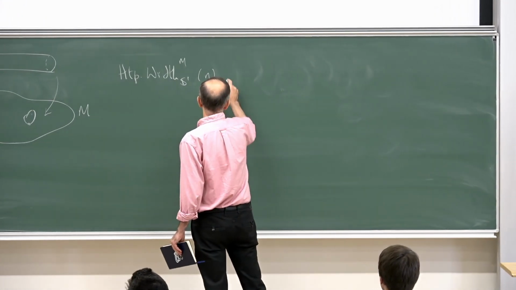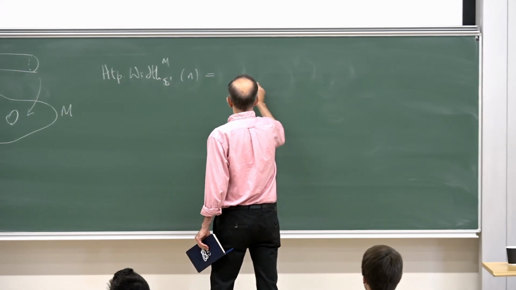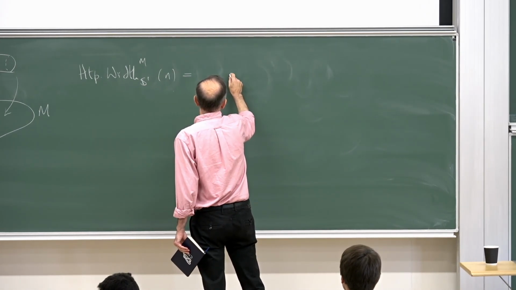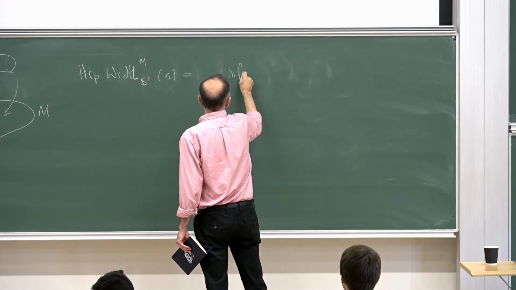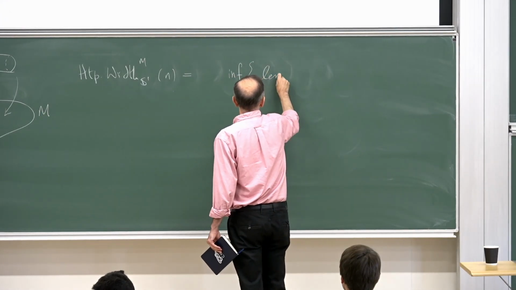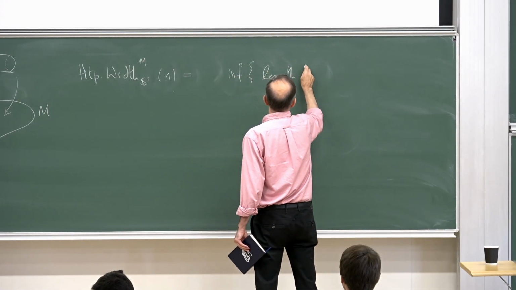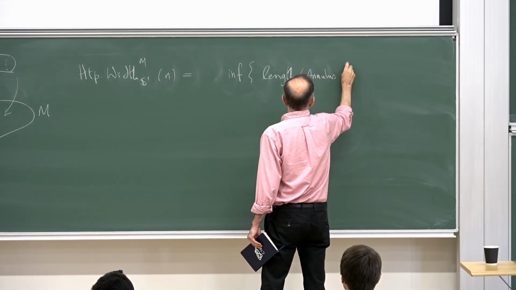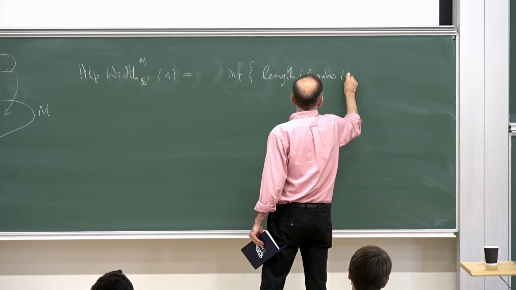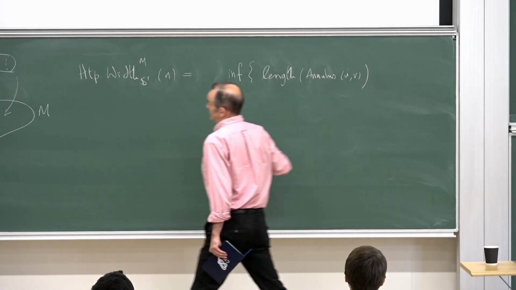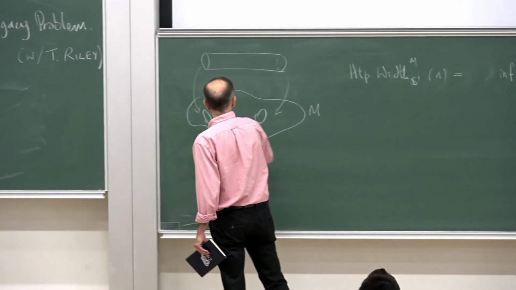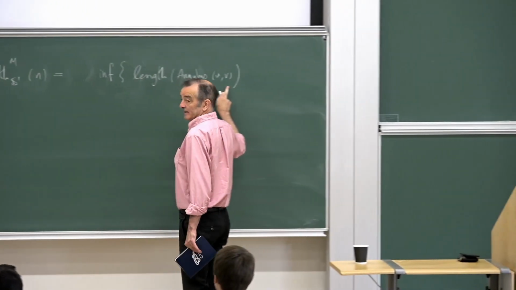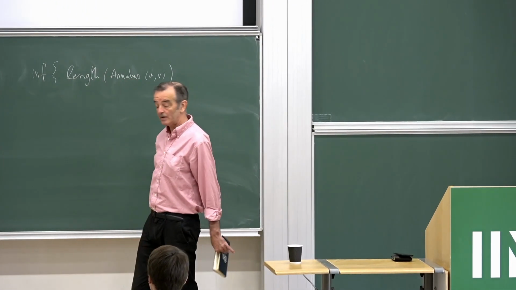So what would this be? I'm not going to write all this out in great detail, but let's say you look at the length of the annulus, and it's going to connect my 2 loops, U and V. I might minimize the length of the annulus over all the annuli with those ends.